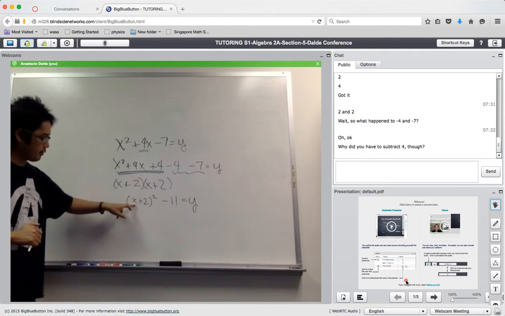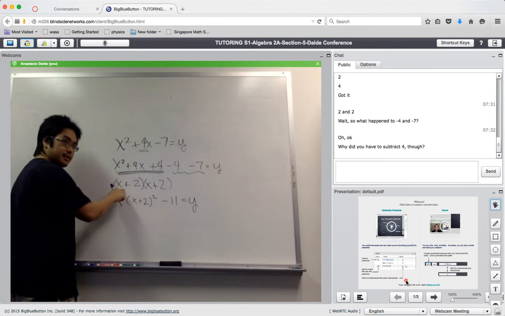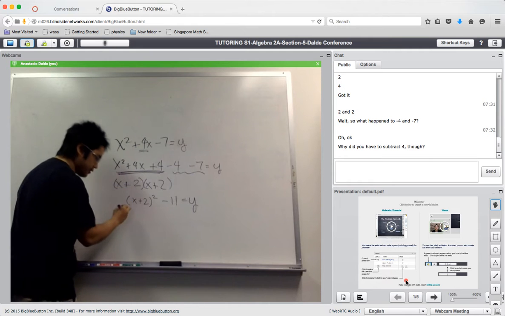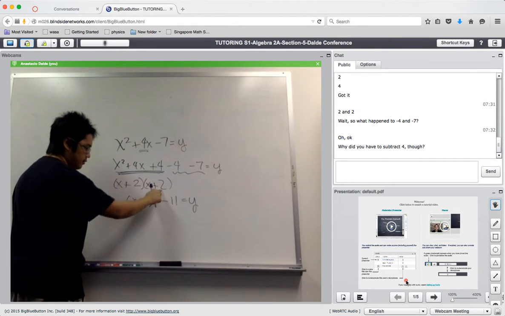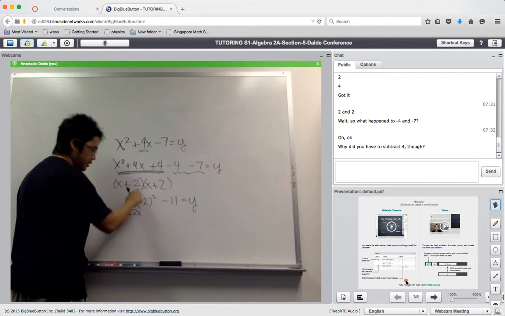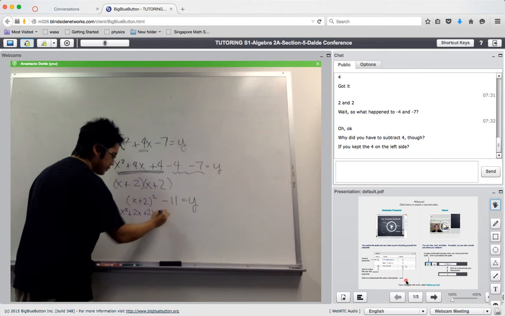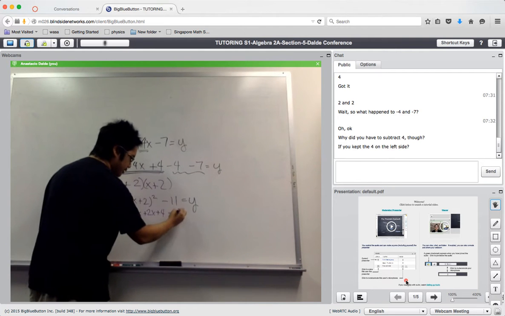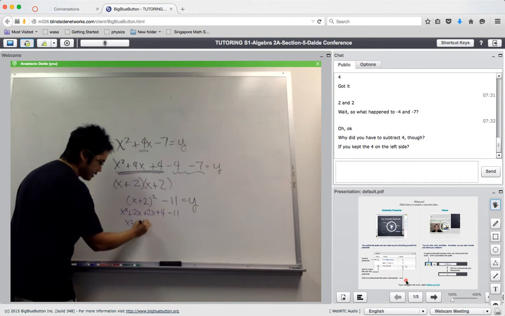If I were to FOIL this, remember, this really is the same as this, and so I'm FOILing this. So that's x squared plus 2x, right? That's the outers. And the inners is 2x plus 4 minus 11. So that would be x squared plus 4x.